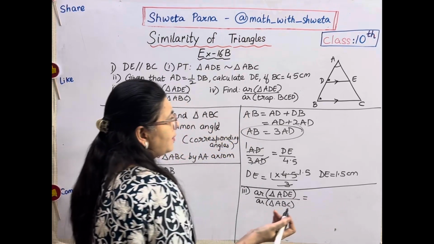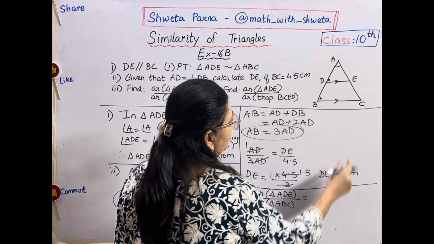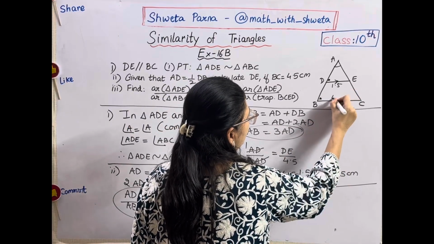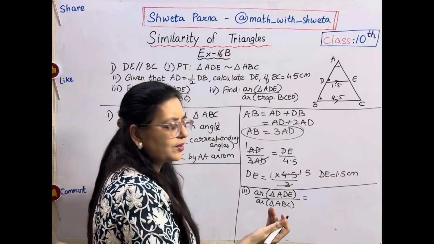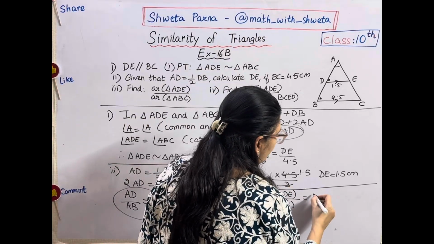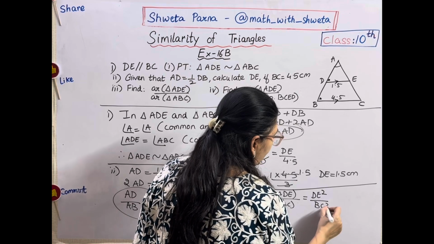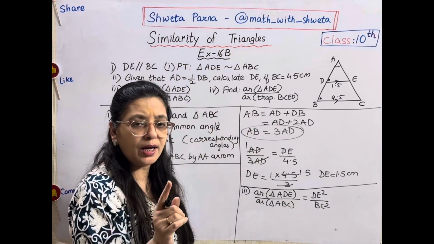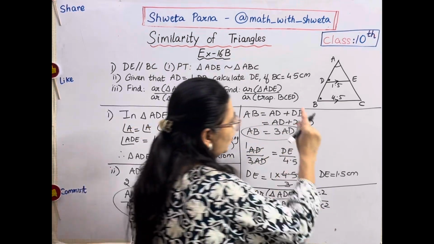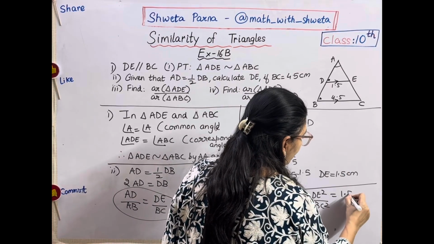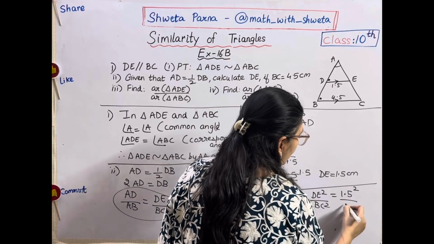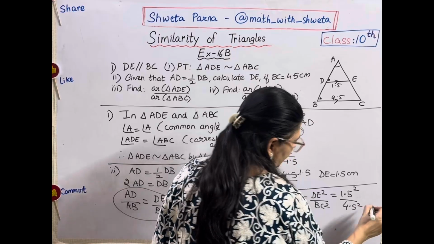Which two sides are given? DE you found out, which is 1.5, and this is 4.5. So you can take these two corresponding sides. So this will become DE square upon BC square, the square of their corresponding sides. What is DE? It is 1.5 the whole square upon 4.5 the whole square.